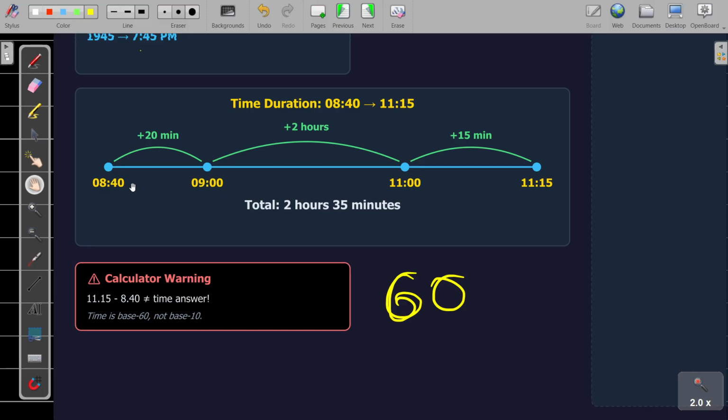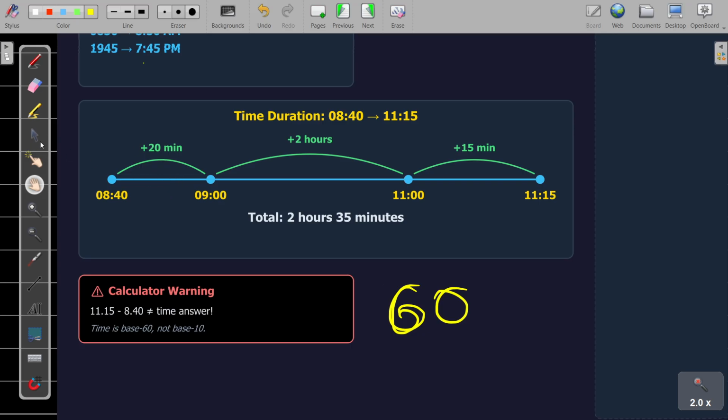This is going to take us 20 minutes. And then we need to jump from 9 a.m. to 11 a.m. This is going to be an easy 2 whole hours. So far, we have 2 hours and 20 minutes. Now we need to jump from 11 to the finish line at 11:15. That is going to be an additional 15 minutes.